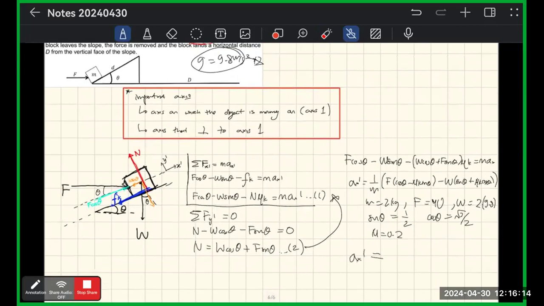0.2 sine t minus t sine t divided by 0.2 cos 30. So it's 8.02349.